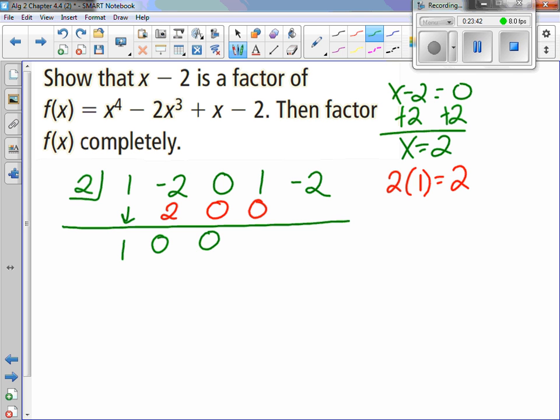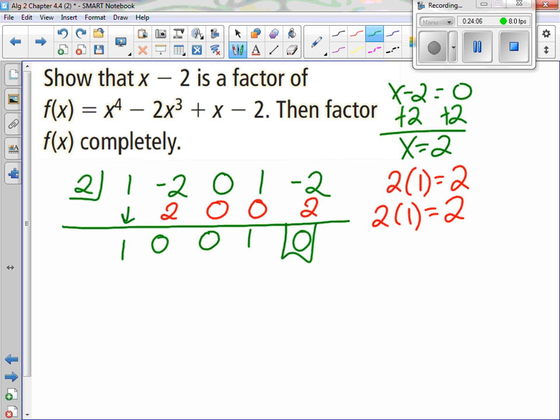And 1 plus 0 is 1. Now we have to do 2 times 1. Well, that'll give us 2 again. And negative 2 plus 2 is 0. So it is a factor, and we were able to show that it is by using our synthetic division. Any questions over anything we've done so far?